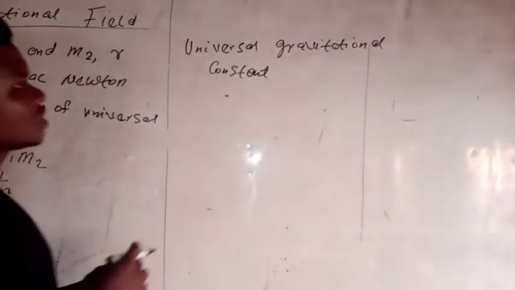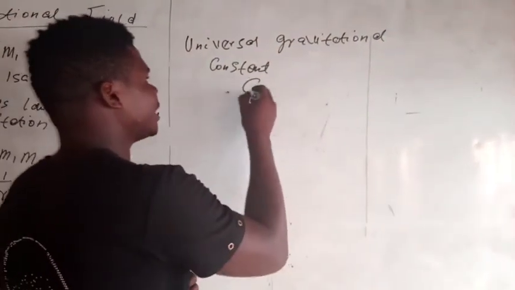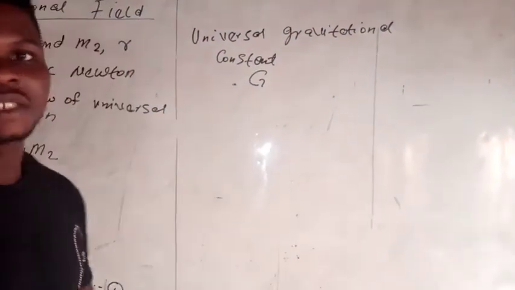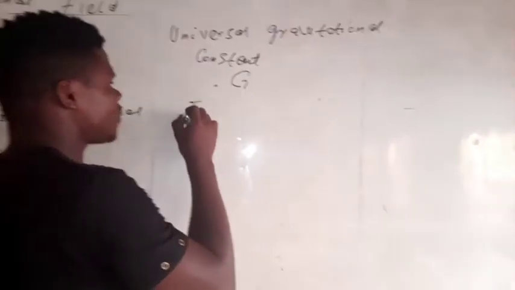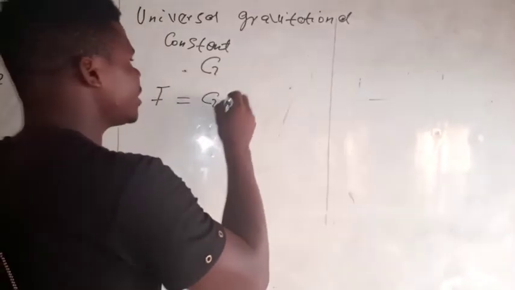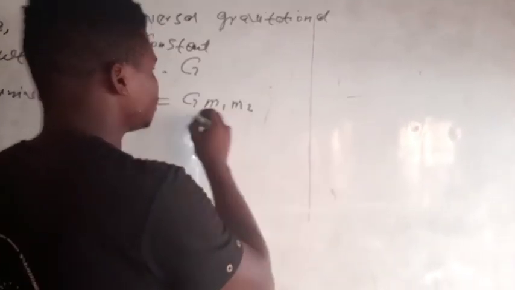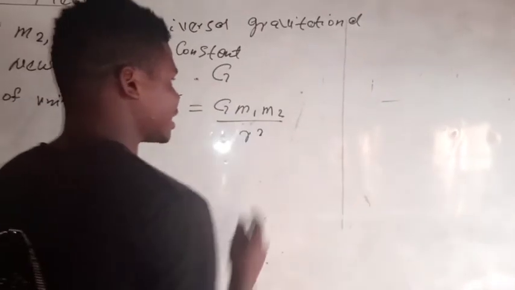Universal gravitational constant, which is given symbolically as capital letter what? G. Now, if you substitute G into equation 1, we have F equal to G M1 M2 all over what? R squared.